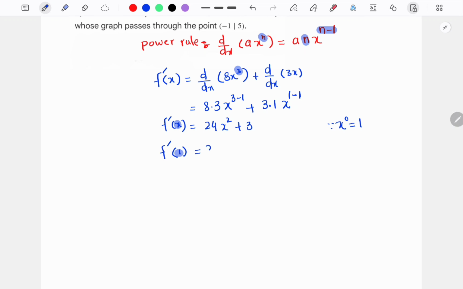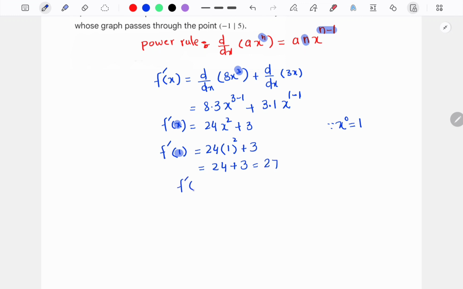So it will become 24, and in place of x, we are going to substitute 1, plus 3. Now 1 square is 1, so it will give us 24 plus 3 is equal to 27.